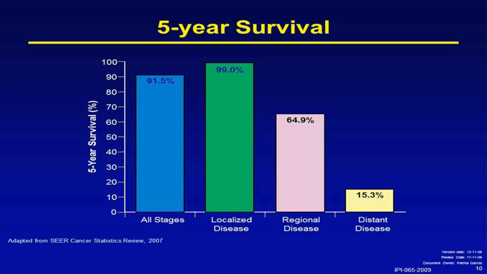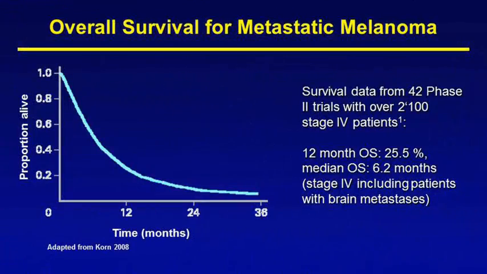And then only 15% of those who have metastatic or distant disease are alive at 5 years with current treatments. So that's why the treatment of metastatic melanoma is a particularly important issue, because these are the patients who actually die from the disease.